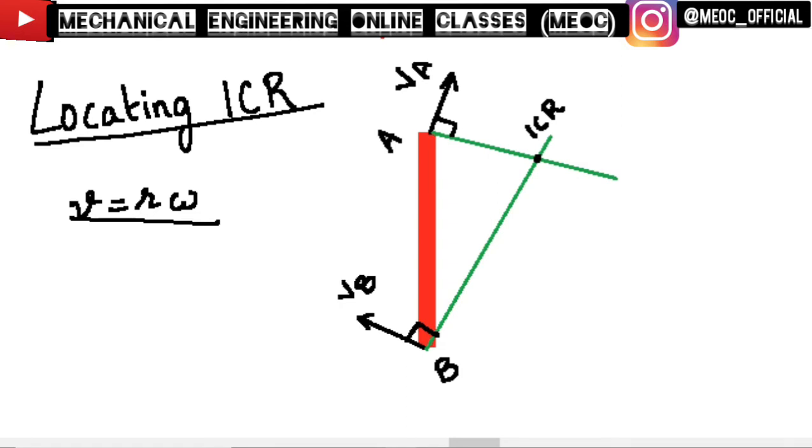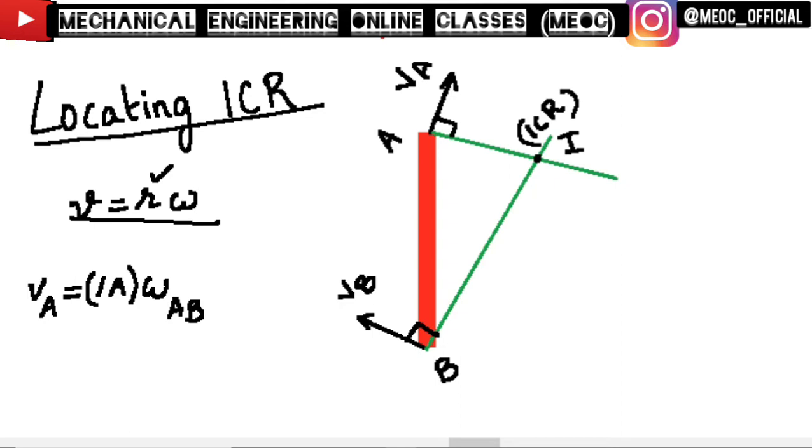So VA is nothing but, if in short I write this ICR as I, then R is the radius from this point A to the center of rotation I. So it is IA is R, and omega is omega AB, because VA is right upward, VB is left upward.